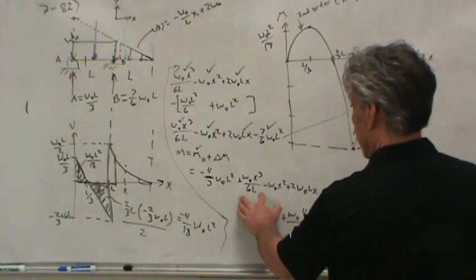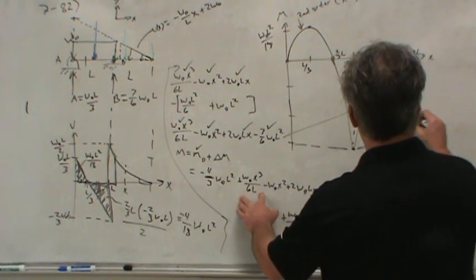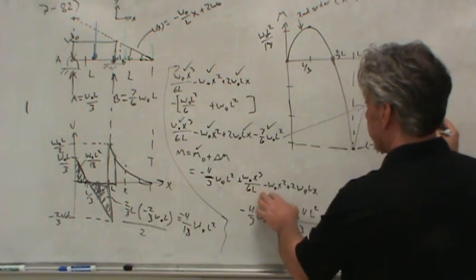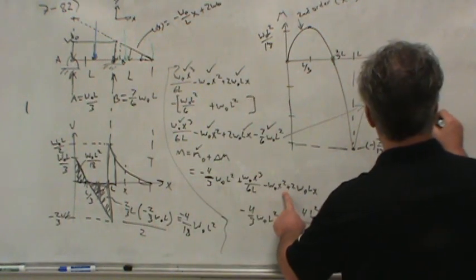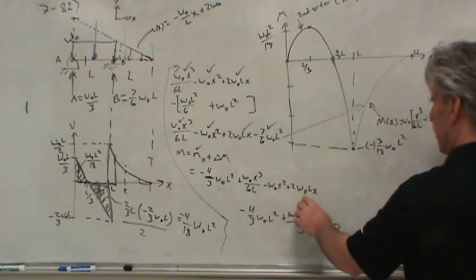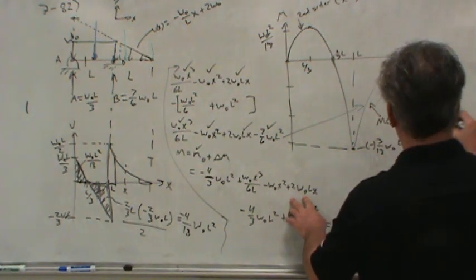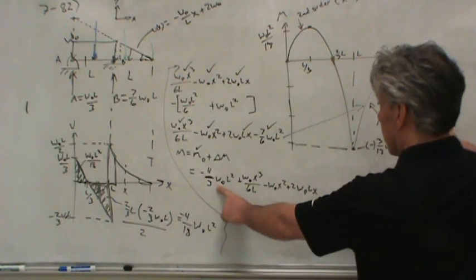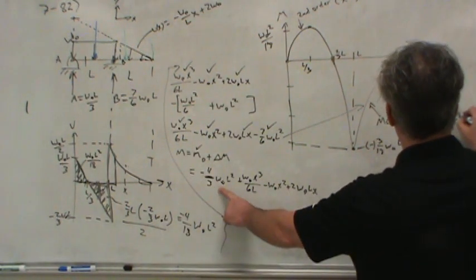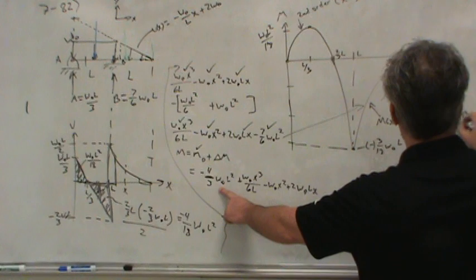So where were we? W naught x cubed by 6L. W naught's out, x squared. W naught's out plus 2Lx. And then finally, the constant term, W naught out, minus 4L squared over 3.